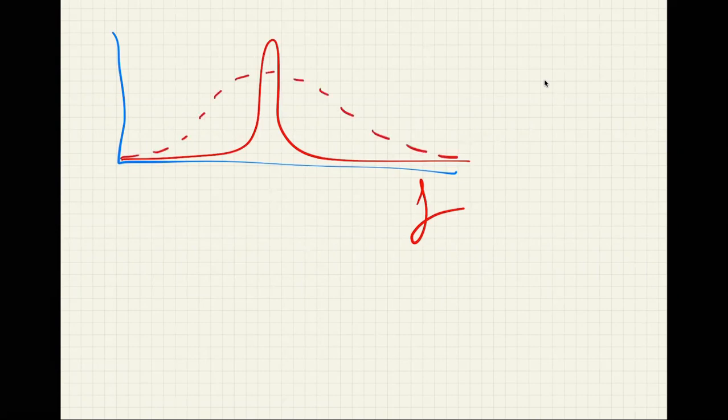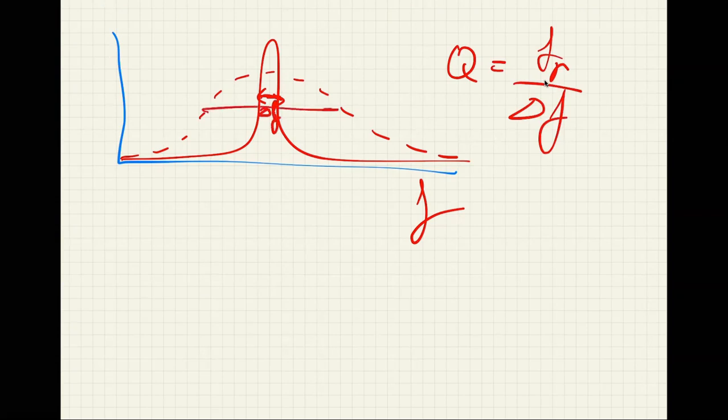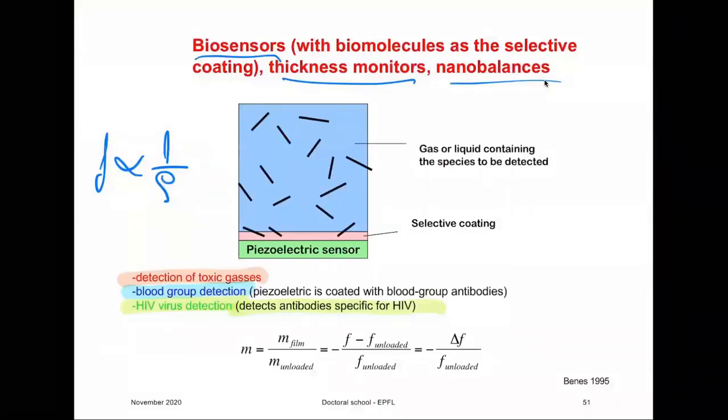And if you use single crystals, such as quartz, you would usually get a very sharp resonance, and the mechanical quality is the resonance frequency divided by delta F, where this is delta F at half maximum, while in a PZT, while the resonance may be bigger, this mechanical quality is much lower, so a shift in the resonance is much more difficult to observe. So you need high quality, high mechanical quality resonators for this.